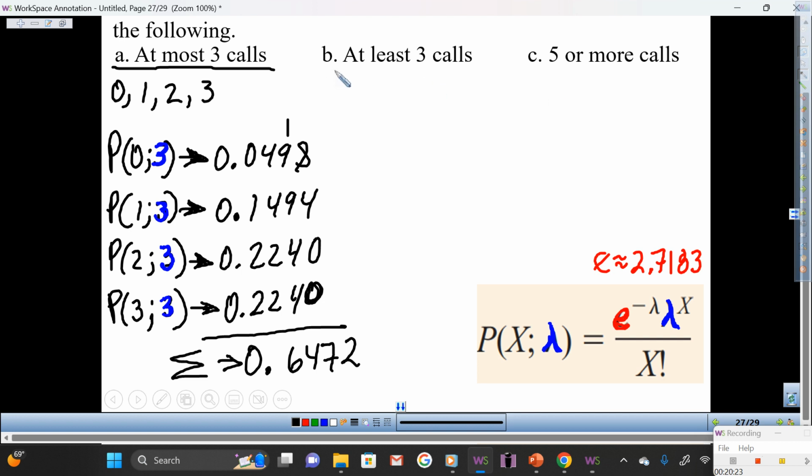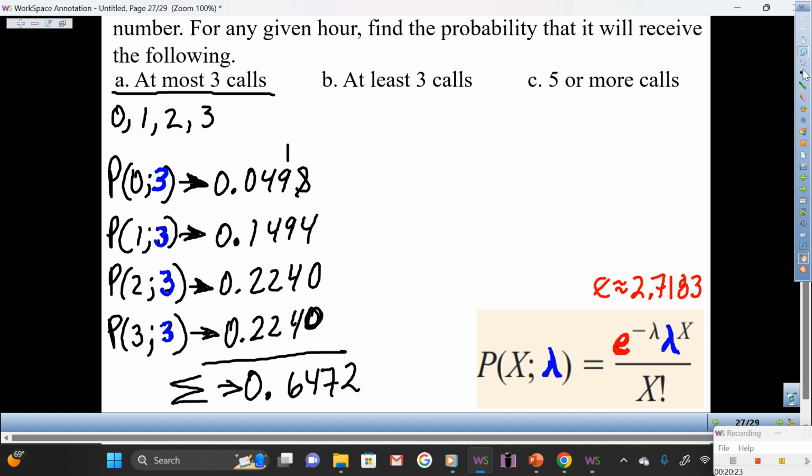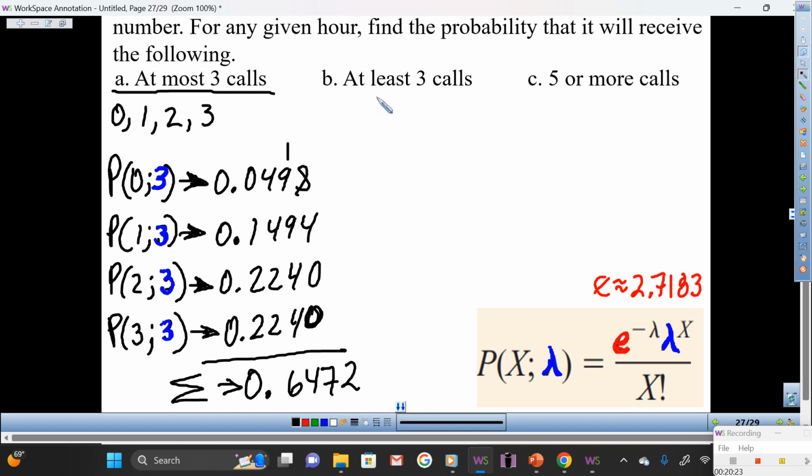Here, let's go to the next one. It says, at least 3 calls. What does that mean? Talk it over with your neighbor. Three, and we don't know how many more.